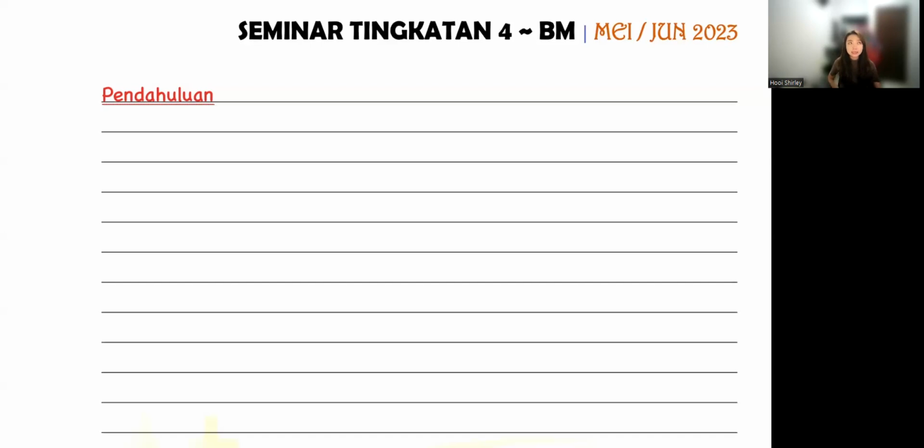Okay, this one is the karangan technique. So this technique you can apply to bahagian A and also bahagian B. As long as it is karangan, this is the karangan technique. So for the TYEK, what does it mean?